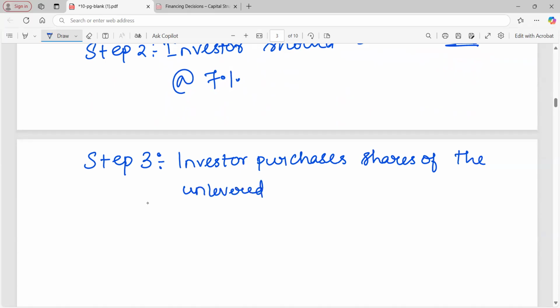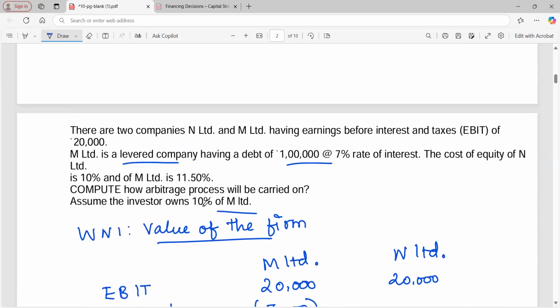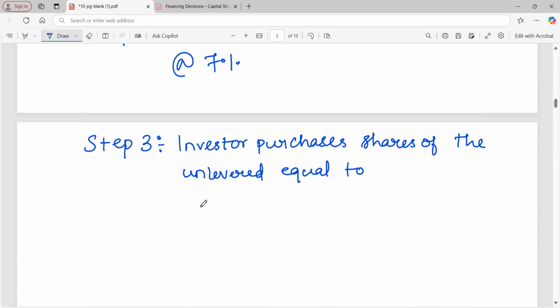So investor purchases the shares of the unlevered company equal to what percentage? Equal to the same percentage of his holding in the levered company. As an investor in M Limited, the levered company, the investor was holding 10%. Now he will invest the same 10% in the unlevered company. 10% equal to 10%. Okay.